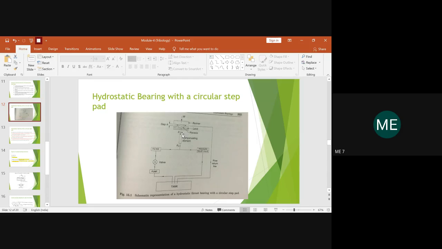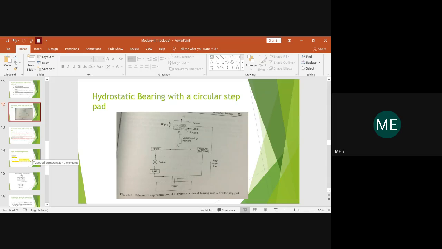If the required pressure is not obtained, it might result in leakages and squeezing out of the oil. To overcome that, you have to use a proper compensating element, so that the leakages are overcome, and you have null friction and wear, and a high load bearing capacity when the bearing is running at a very low speed.